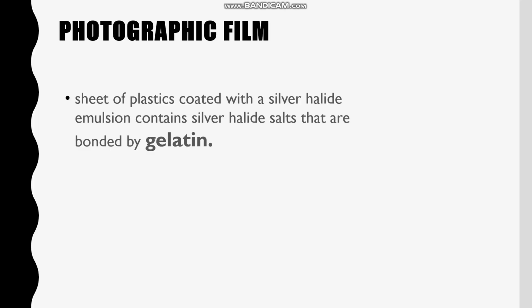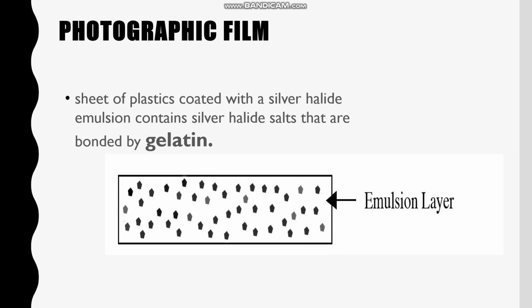Again, first topic natin is the photographic film. Okay, photographic film. It is a sheet of plastic coated with a silver halide emulsion which contains silver halide salts that are bonded by a gelatin.